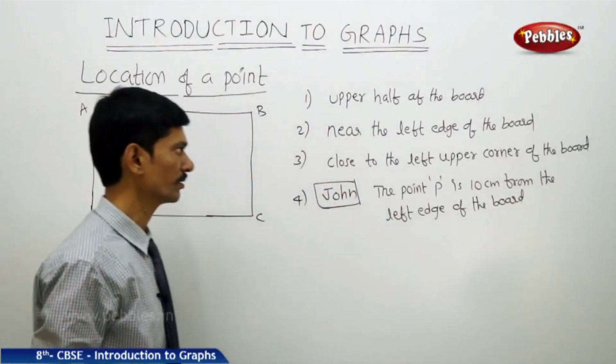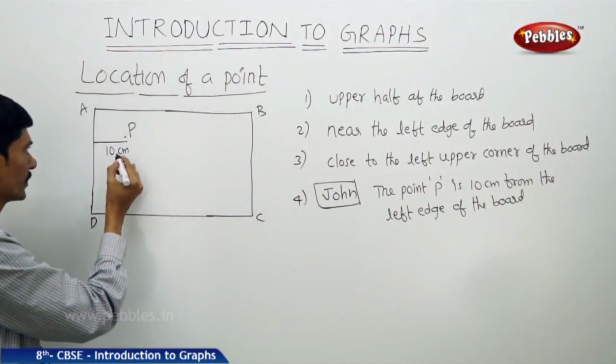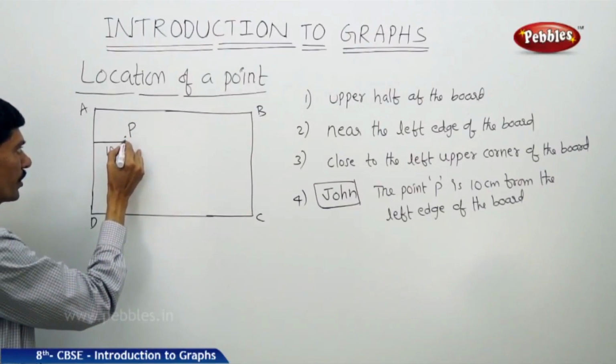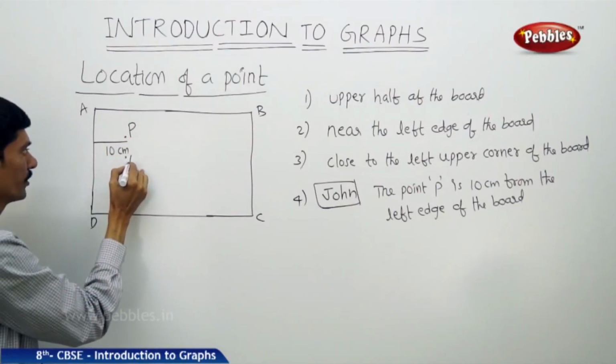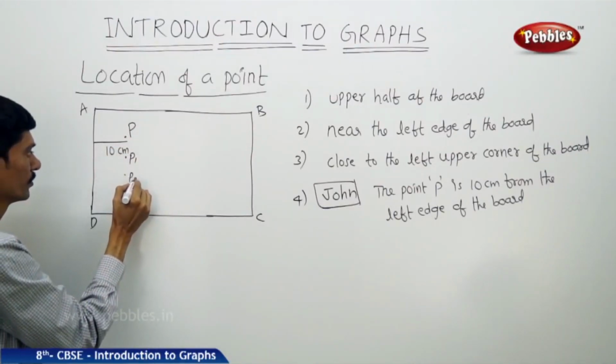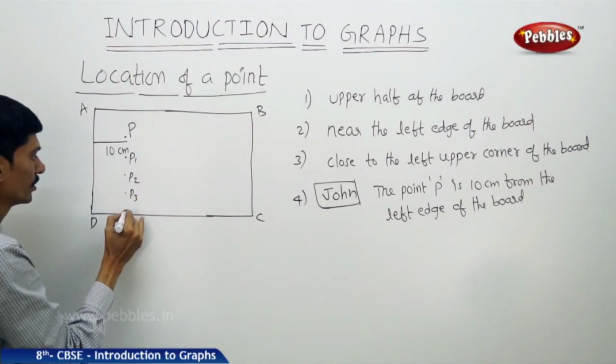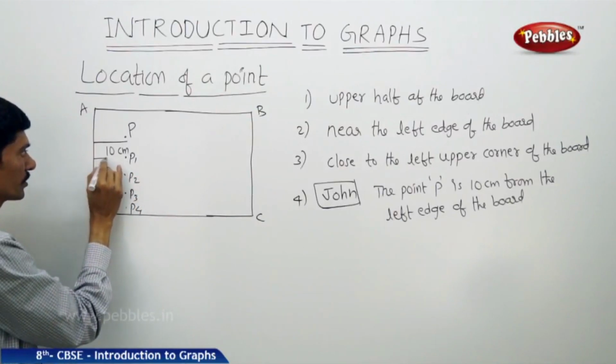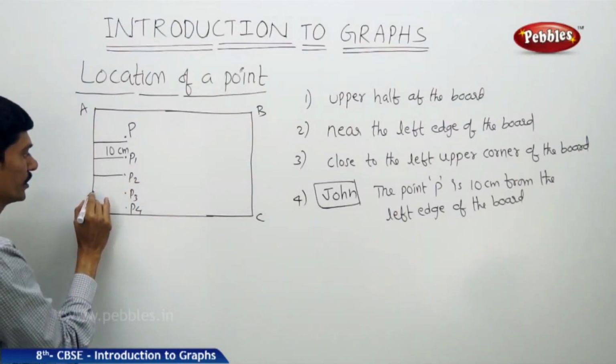But we can locate so many points which are 10 centimeters away from the left edge. Here P, then P1, here P2, here P3, here P4. So all these points are 10 centimeters away from the left edge of the board.